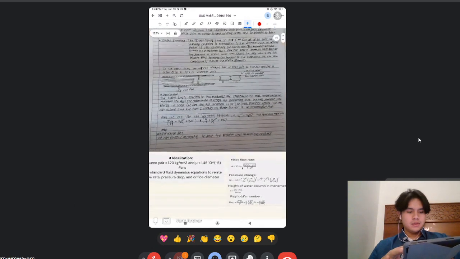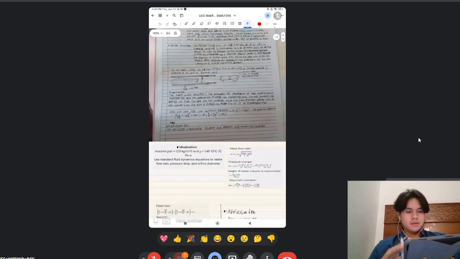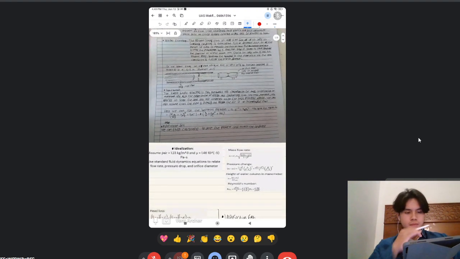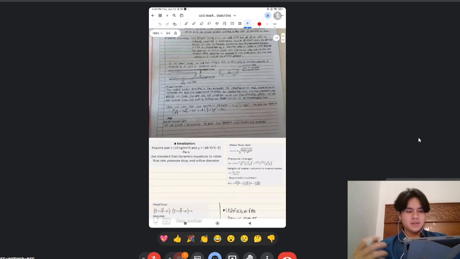Here I have two idealizations: the one that I wrote in the paper and the one that I shall be correcting and adding. In the idealization, I wrote that the three basic principles in fluid mechanics are conservation of mass, conservation of momentum, and conservation of energy. Considering that mass, momentum, and energy are conserved and the basic principles apply, we can assume the flow is steady and the air is incompressible.